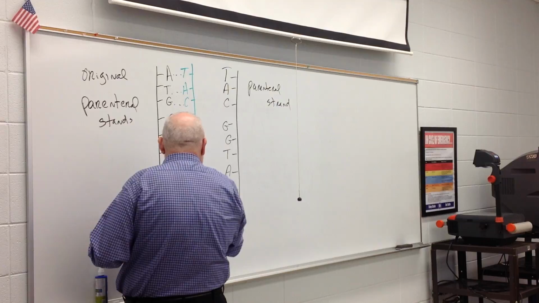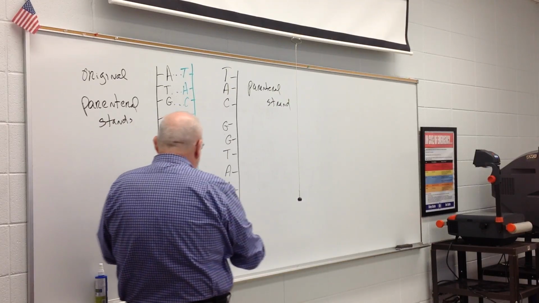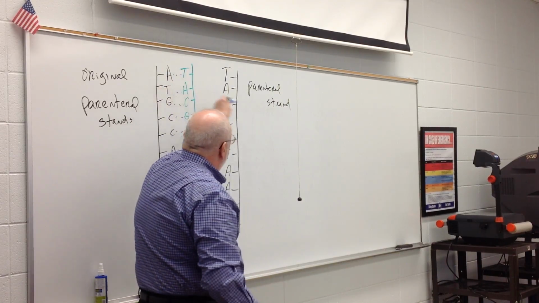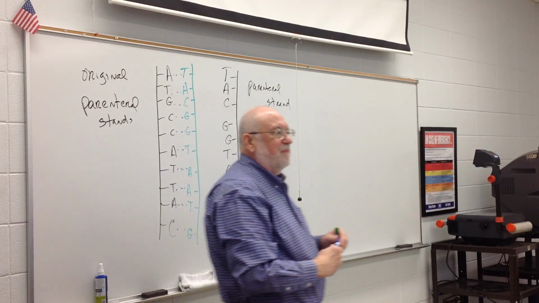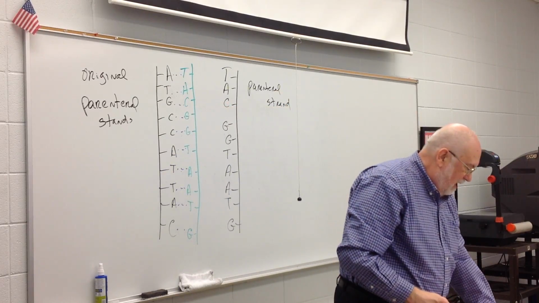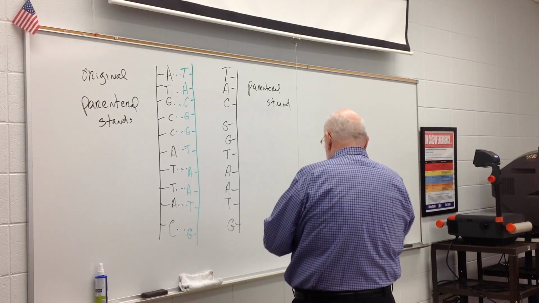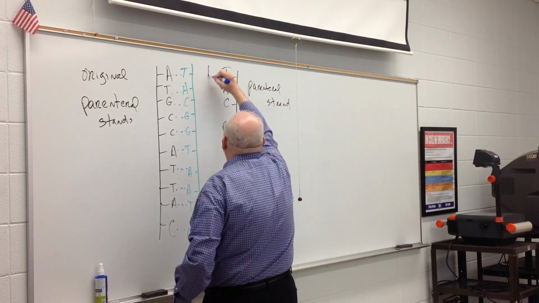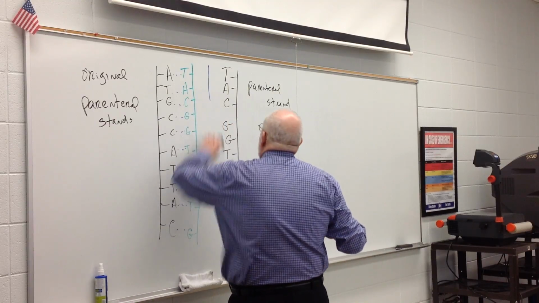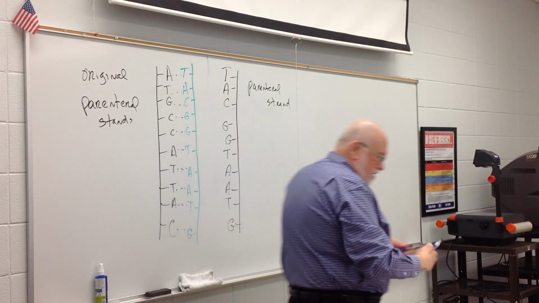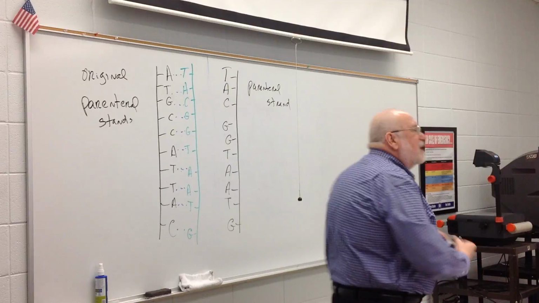All right, now, before I go any further, what do you got here? Looks like it's a copy of that, doesn't it? Okay? Well, what do you suppose is going to go over here? Whoops, I don't want to do that. Go back to my color.